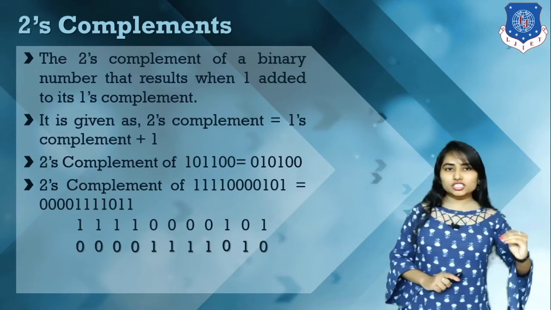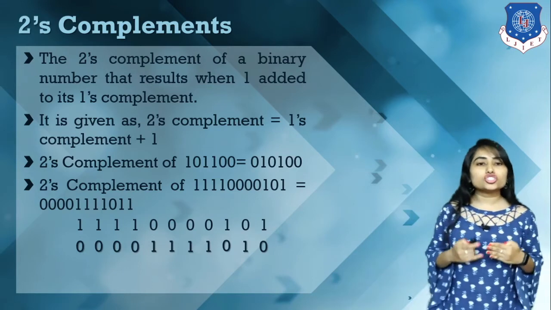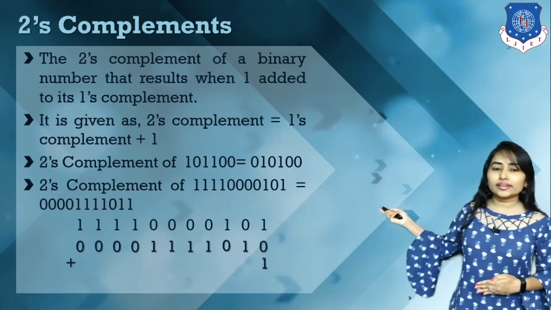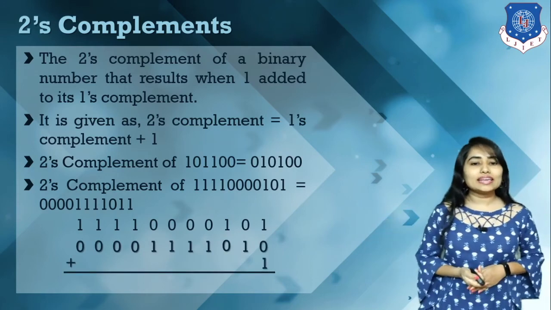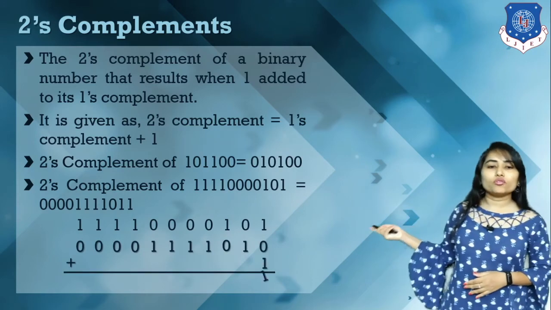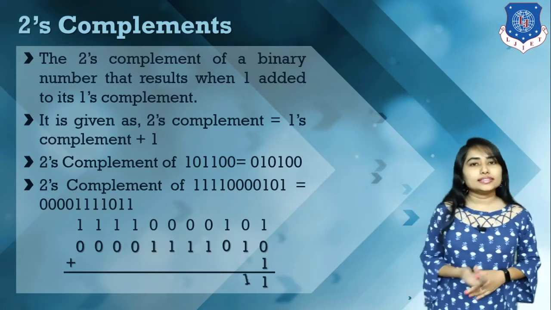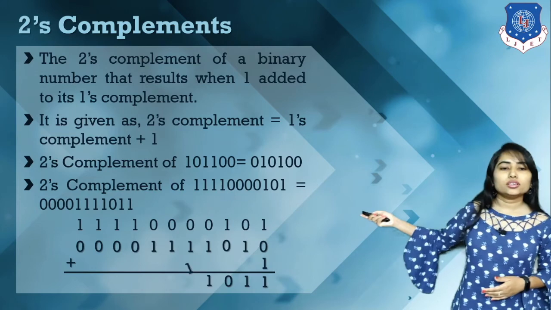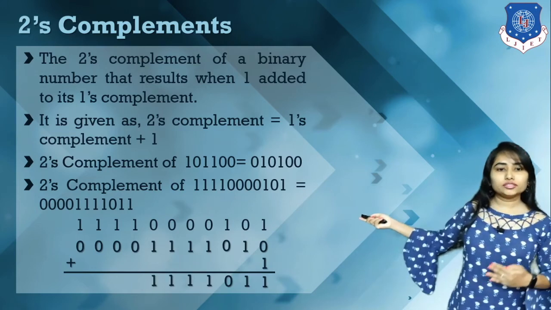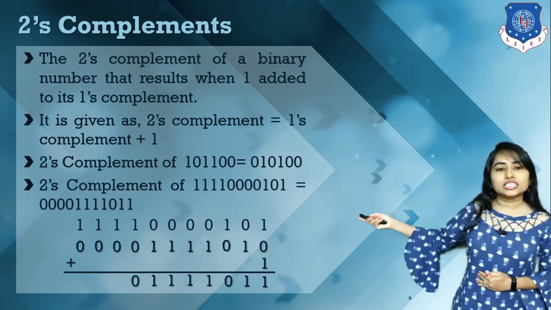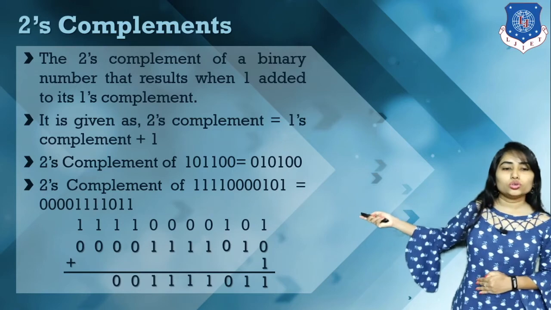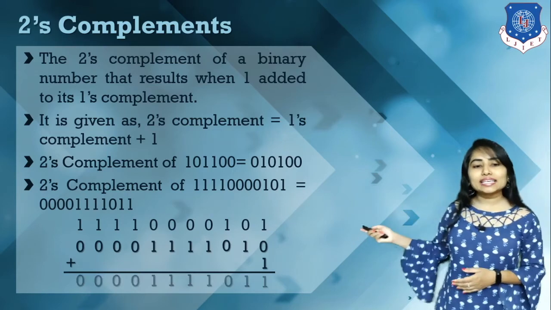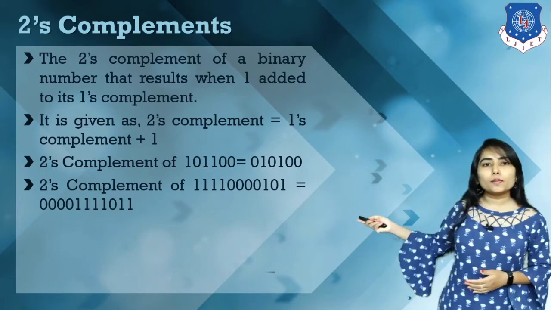First we write the interchange of zeros and ones, then add 1 and perform binary addition. This is how we can calculate 2's complement.